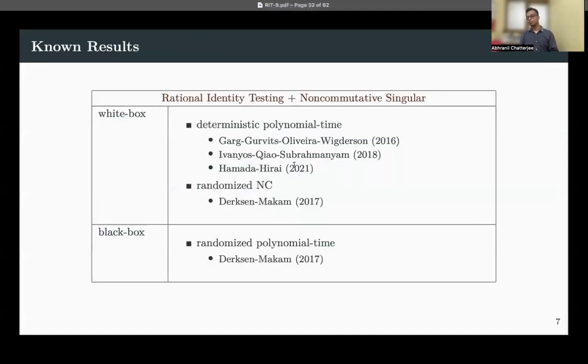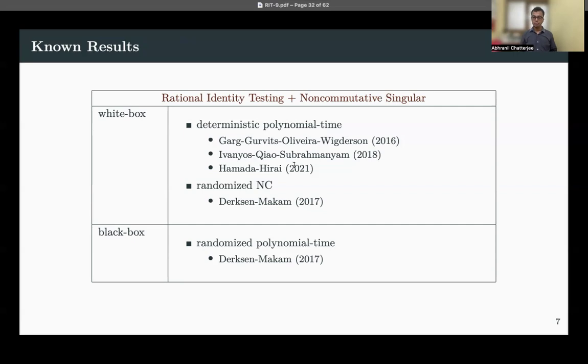In the white box case, where we can see how the formula is being computed, we have a deterministic polynomial time algorithm due to the work of Garg, Gurvits, Oliveira, and Wigderson that works over rationals. Then it was extended over finite fields due to Ivanyos, Qiao, and Subrahmanyam. And there was another new algorithm based on convex optimization due to Hamada and Hirai.